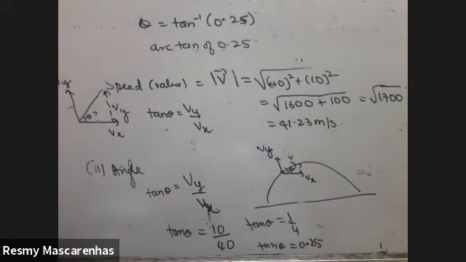Arc tan of 0.25. Just type it and see how much angle you are getting. How much? 0.244, you are getting.